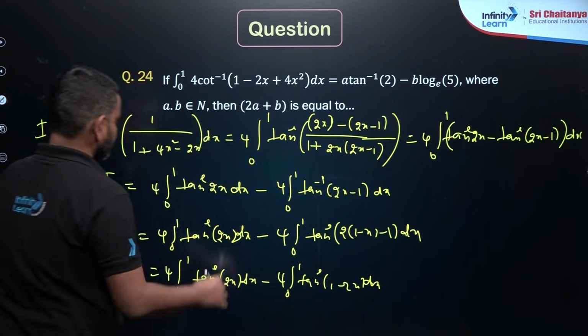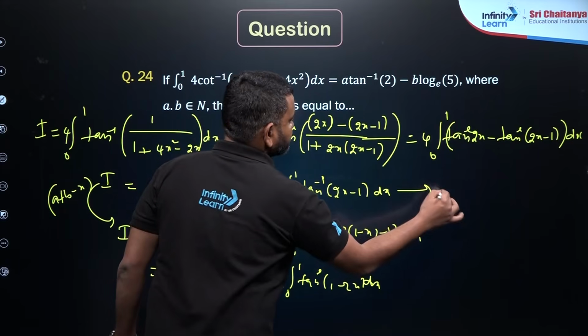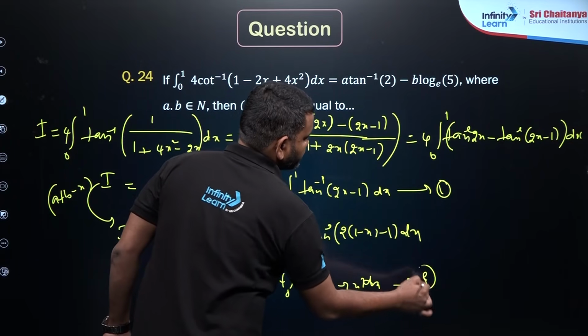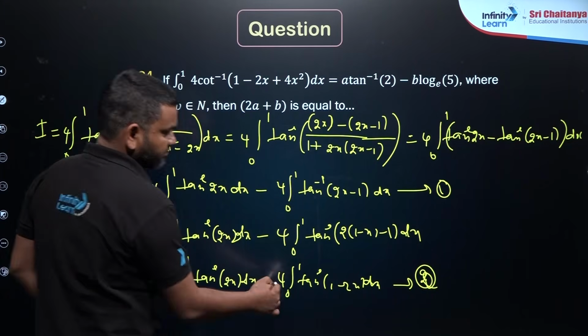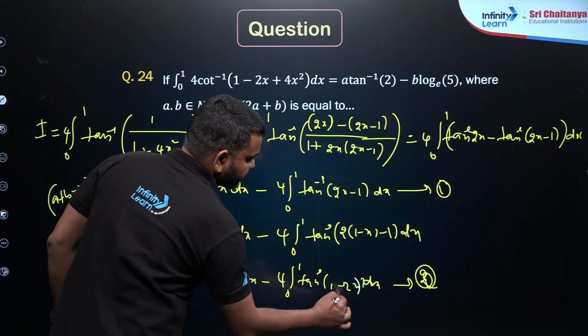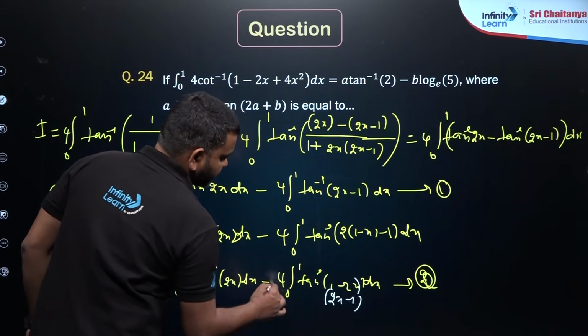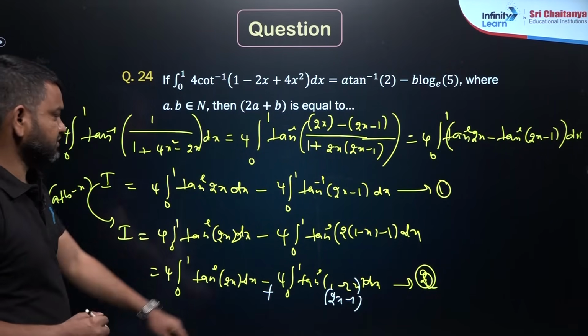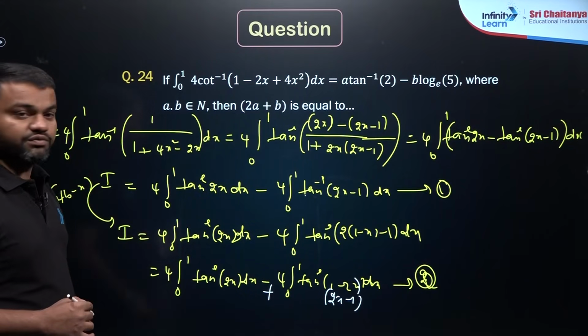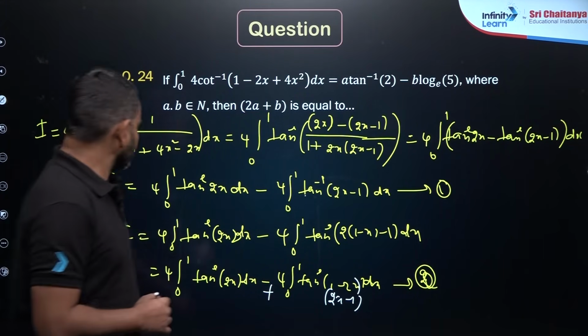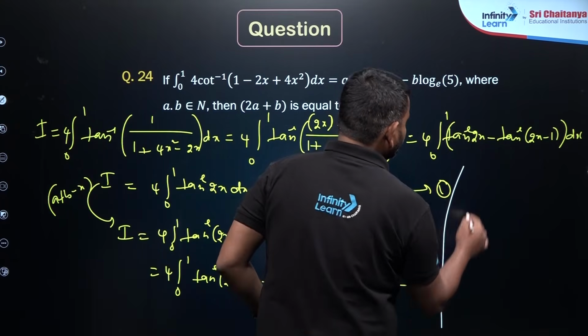Now if I say this is equation number 1 and this is equation number 2, children, one thing you have to observe here is, if I change this sign, writing this as 2x minus 1, one minus will be applied and that will become plus. Here it is minus, here it is plus. So when I add both of them, that term is going to get cancelled. So if it is getting cancelled, what will I get now?